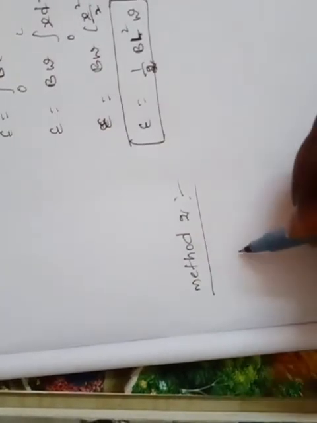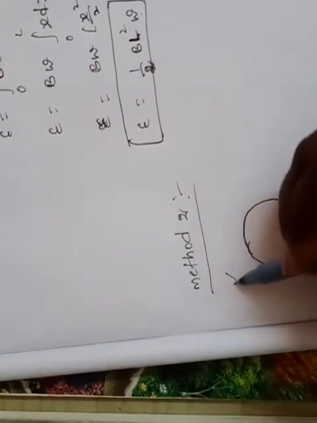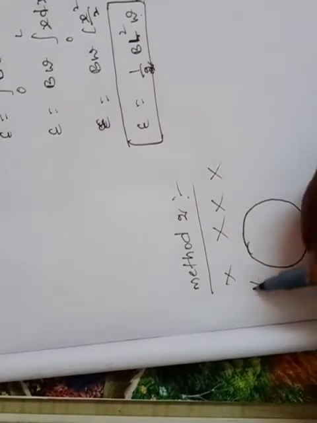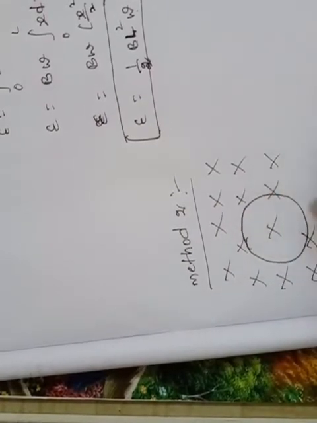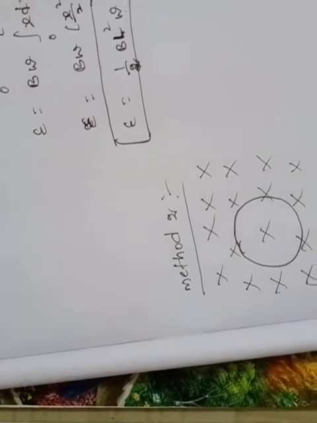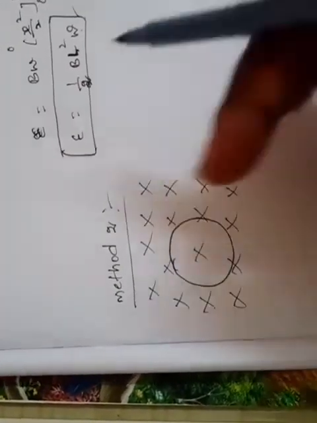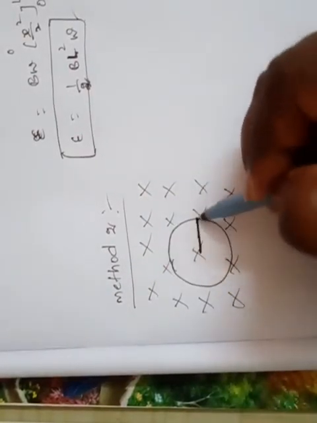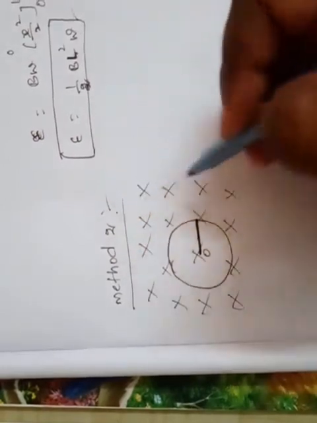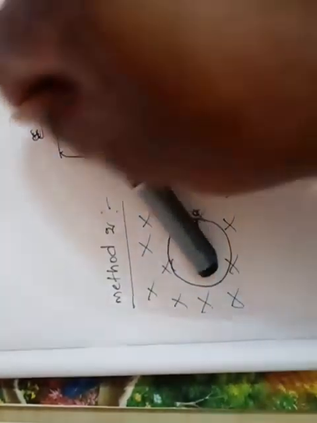Here the rod is rotating, so at any instant, this is the magnetic field. At any instant, here this is a rod, this is point A. So the rod is rotating in this direction.